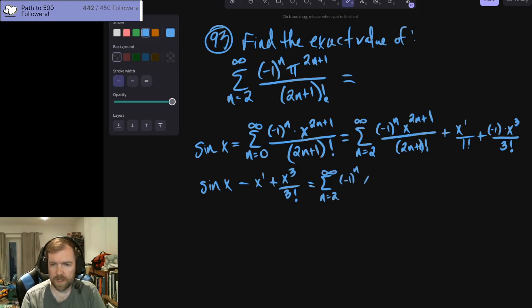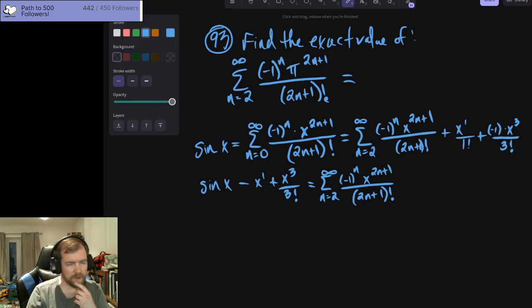So negative 1 to the n, x to the 2n plus 1 over 2n plus 1 factorial. Okay, so from what we had up above, this is the exact same thing. The only difference is that we don't have an x, we have a pi. Therefore, all of this was plugged in.